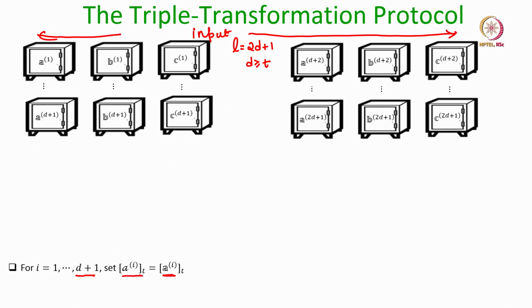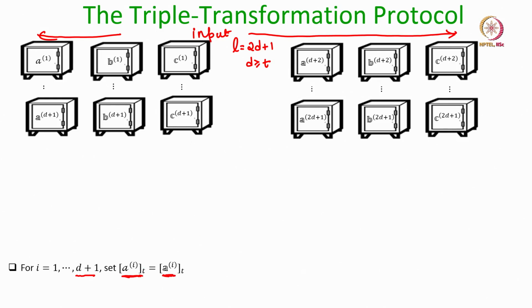So, it is basically just renaming, nothing else. Whatever the shares for the first d plus 1 triplets parties have, they focus on the shares corresponding to the A components, and those shares are only considered as the shares corresponding to the A component of the first d plus 1 output triplets.